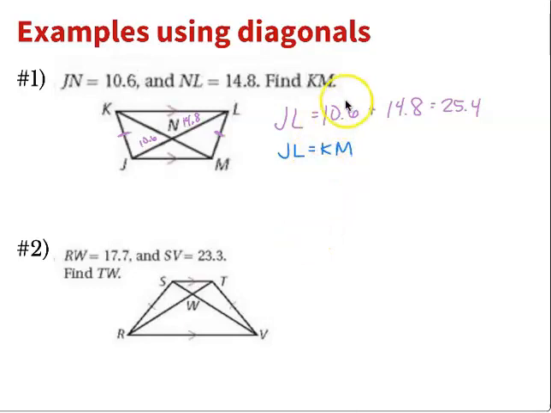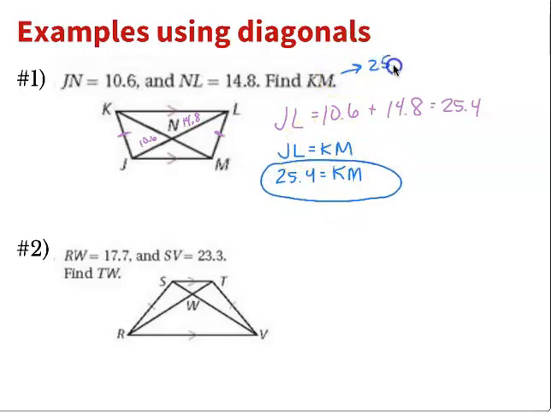Since we now know that JL is 25.4, KM must also be 25.4. We determined that by knowing the diagonals are congruent.